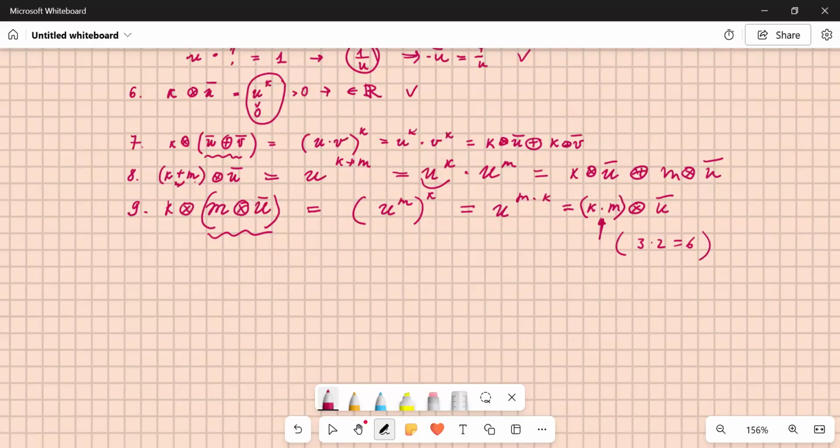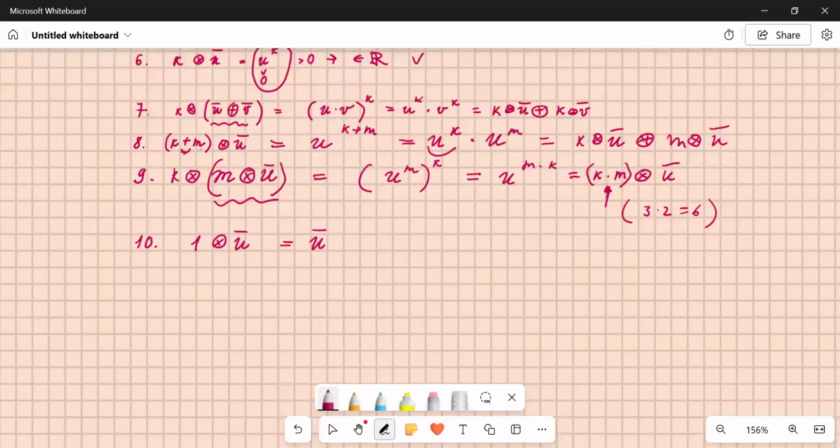Okay, so we checked 9, and the last one to check is 10. What is going to happen if we check 10? 10 is the last one. We need to check that we have scalar identity, right? Remember that scalar 1 multiplied by u must be equal to vector u, scalar identity.